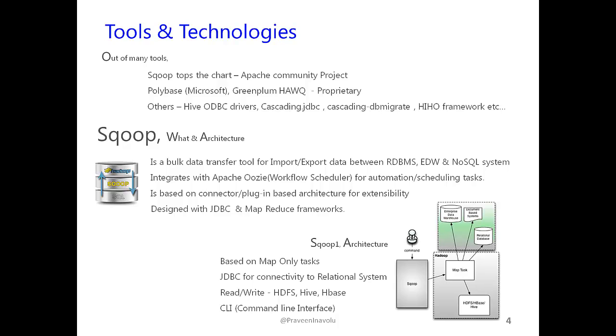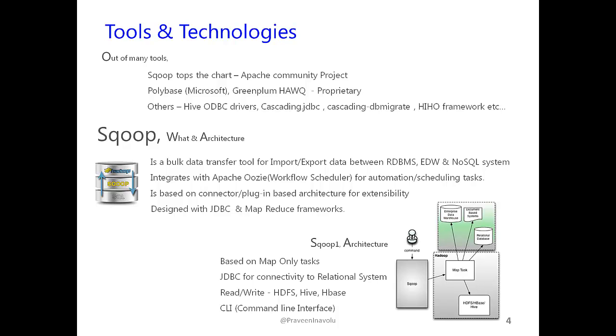There is a new way of data transfer coming up from Microsoft PDW, which is PolyBase technology. And similarly, Greenplum recently released HAWQ as their proprietary way of retrieving data between Hadoop and their appliance.